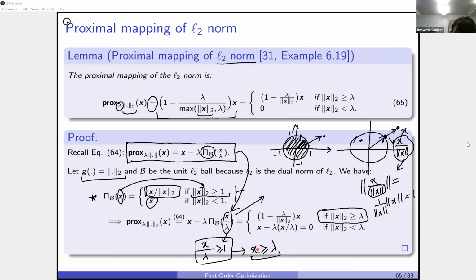In other words, when the norm of x is greater than or equal to lambda, we'll have x minus lambda, and this term becomes normalized: 1 over lambda, x normalized. These two lambdas cancel each other, right? Am I right or wrong? Give me a second.